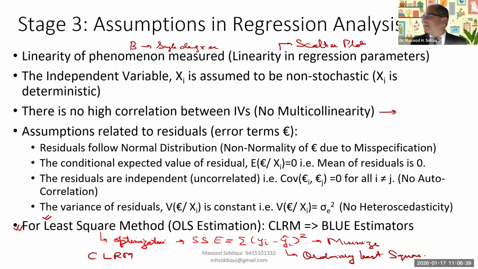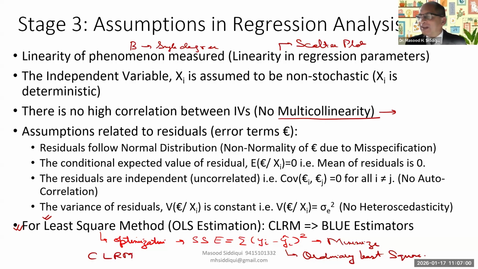Interestingly, the popular name is related to the violation of the assumption. Like the requirement is there should not be correlation, but the popular name is multicollinearity. Right? The violation, multicollinearity, is a violation.